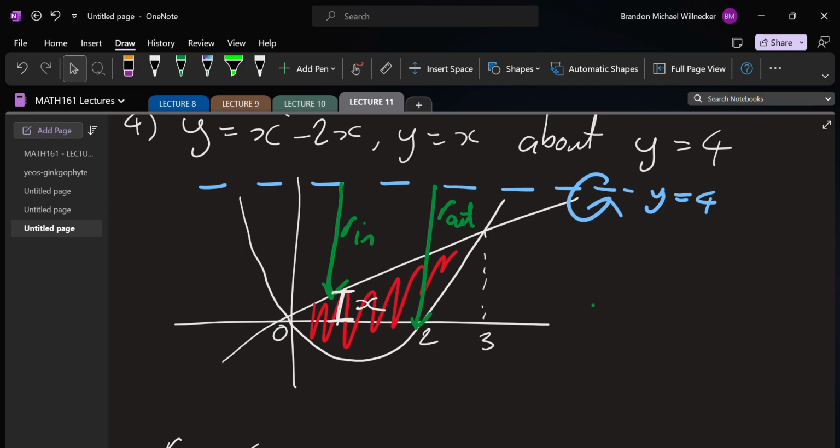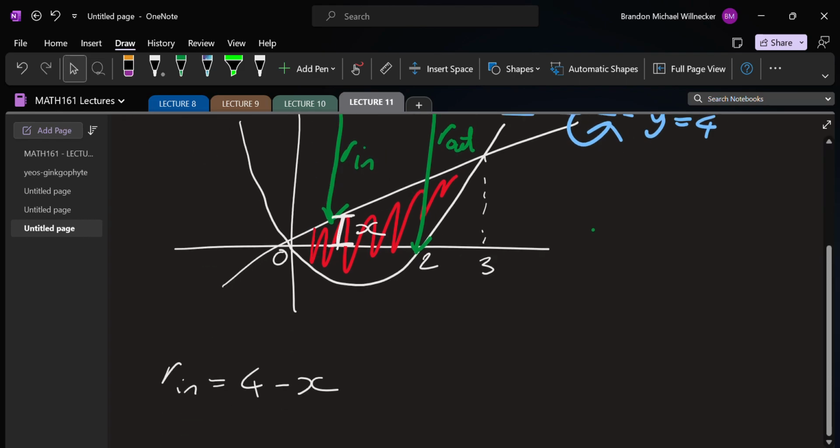What about r out? It's going to be the same thing. The distance from the blue line to the x-axis is still 4. What about the parabola distance? What's the height of the parabola? That's going to be x squared minus 2x. If the full distance is 4, and the parabola height is x squared minus 2x, then the leftover bit, r out, is 4 minus the height of the parabola.